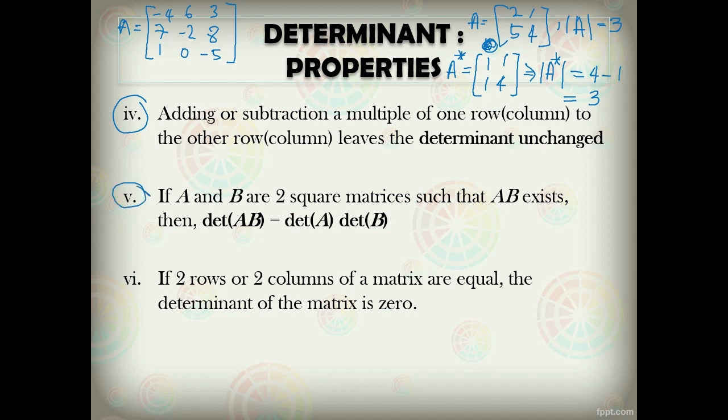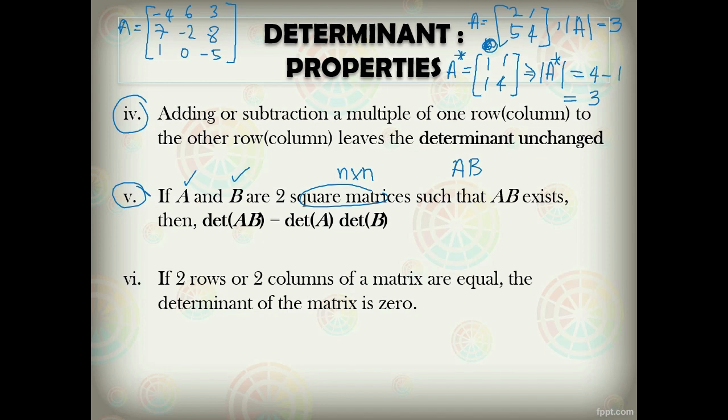Okay, the fifth property says if A and B are two square matrices such that AB exists, then the determinant of matrix AB is equivalent to finding the determinant of each and then multiplying them. So if you have matrix A and matrix B, and they are square matrices, meaning n by n, and the multiplication of A and B exists, it means they have the same order, so they can be multiplied.